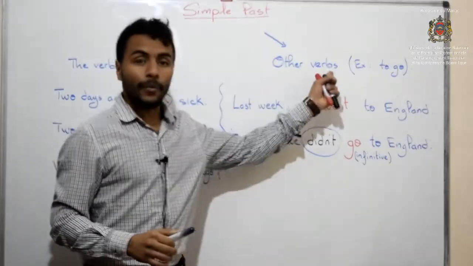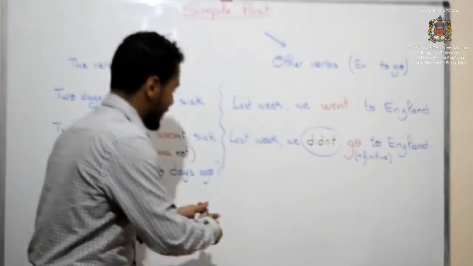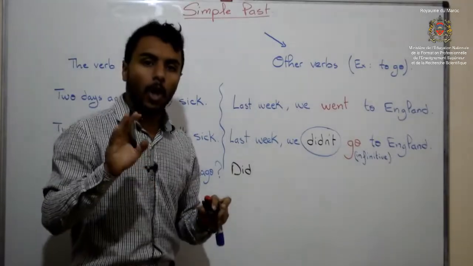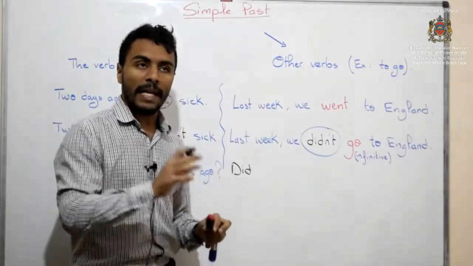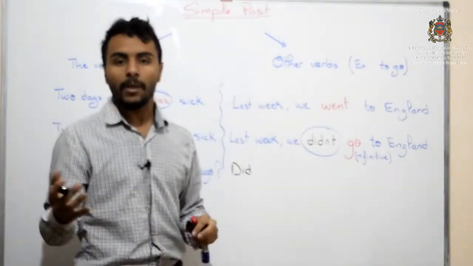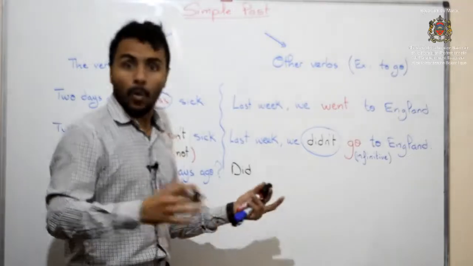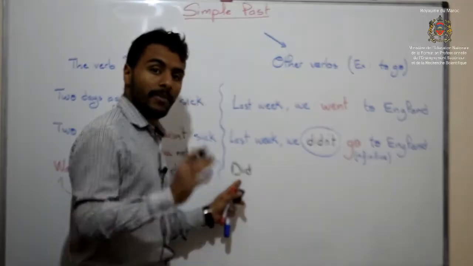Well, for other verbs, when you want to make a question, start with did. All the time. Always start with did. Unless you have a WH word like where, when, you can say when did or where did. But if you don't have where or when or what, you can use the verb directly.